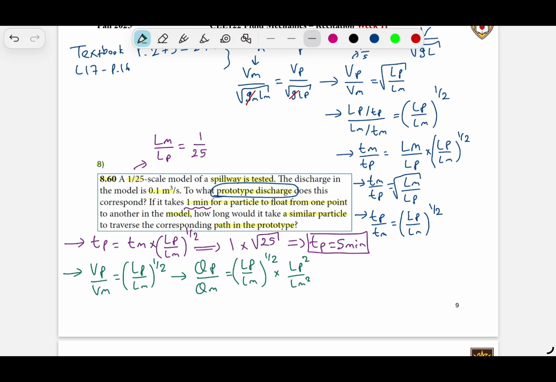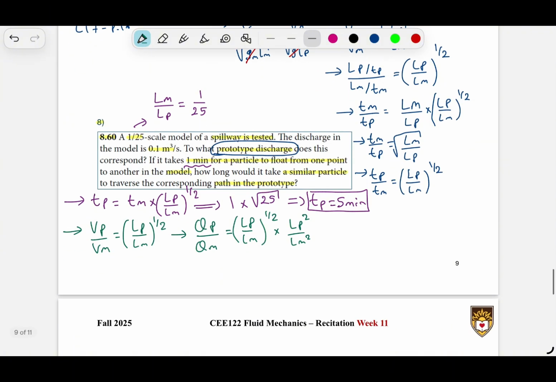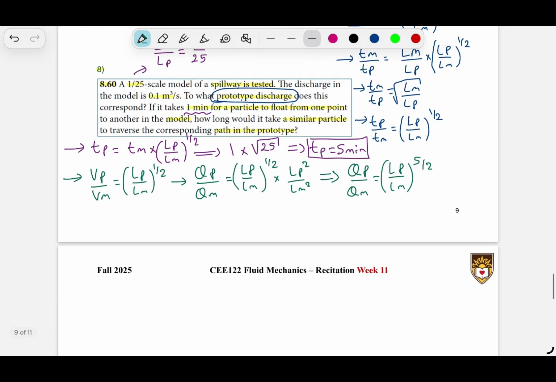So this is similar to the previous question. To calculate area, we are just doing a basic area calculation. And from here, Qp over Qm will be equal to Lp over Lm to the power of 5 over 2. Here Qm was given as 0.1 cubic meter per second.